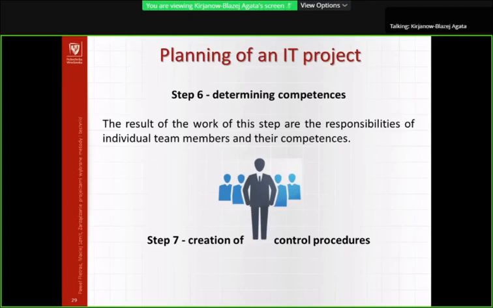And here we determine what and how to be controlled, how the progress of works will be measured, which channels will be used to distribute control information, as well as the criteria determining the acceptance of a particular part of the work.